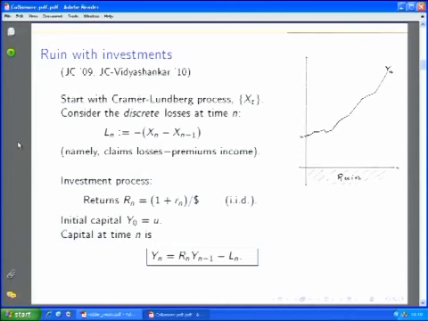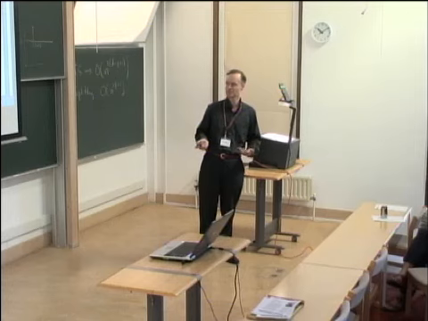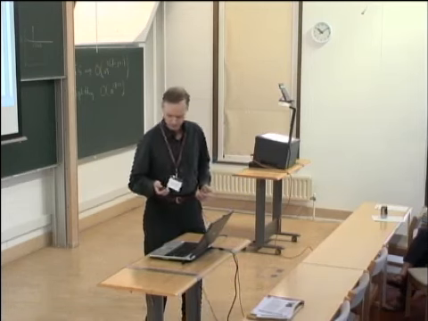And this leads us to a recursive sequence of equations which describe the capital of the company at a given time. So we start again with a fixed capital u. And then if we want to compute the capital at time n, this is obtained by taking the previous capital, multiplying this by the investment returns, and subtracting the losses from the insurance business.